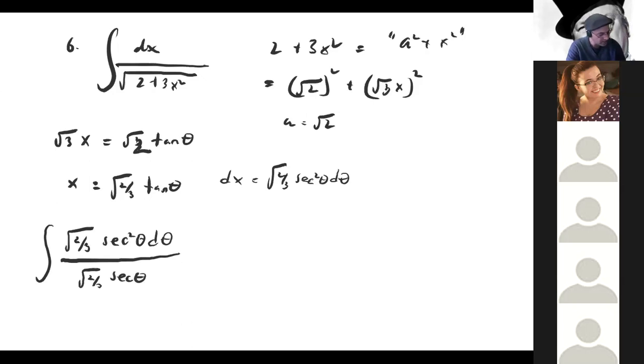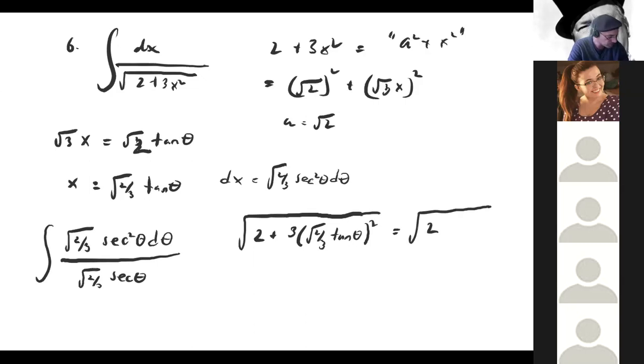If you want me to work it out, I'll work it out, because I think you have to convince yourself that what I did is correct. So I'm going to take 2 plus 3x squared. So what is 2 plus 3x squared? Well, it's 2 plus 3 times the square root of 2/3 tangent theta, quantity squared. And if you work out what you get, you're going to get 2.